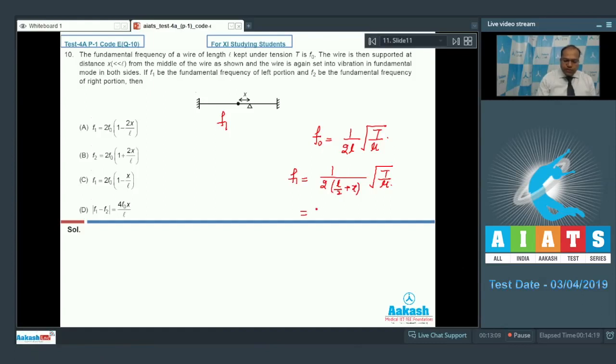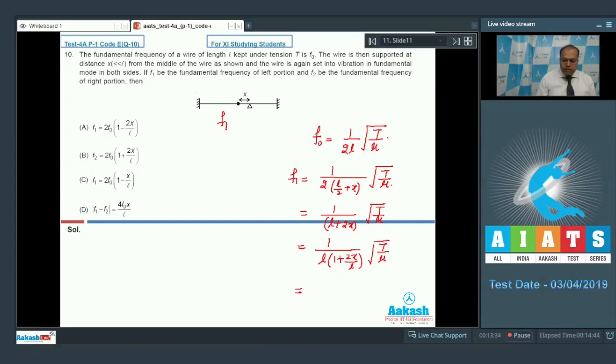So this can be further written as 1 divided by L plus 2x into under root of T by mu. So if I take L common, then this can be written as 1 divided by L into 1 plus 2x by L, into under root of T by mu.